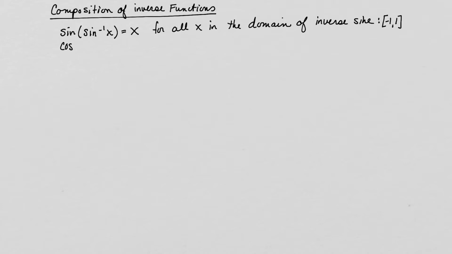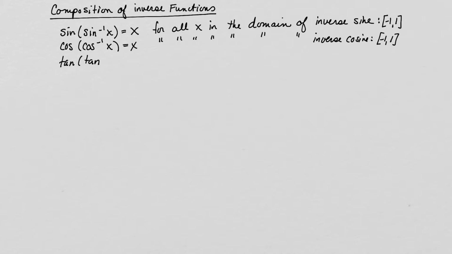The same thing is going to be true for cosine. The cosine of the inverse cosine of x is just equal to x, again, for all x in the domain of the inverse cosine, which is, again, between -1 and 1. And same thing for tangent.